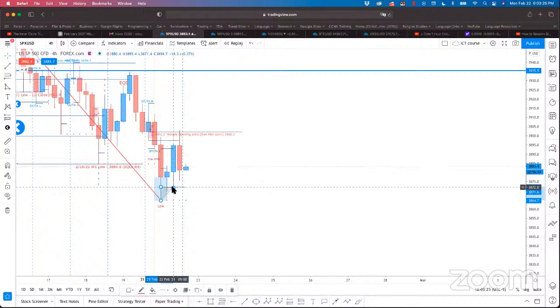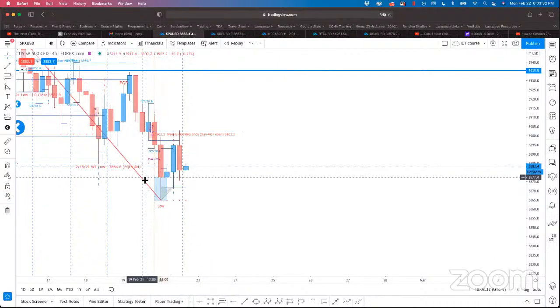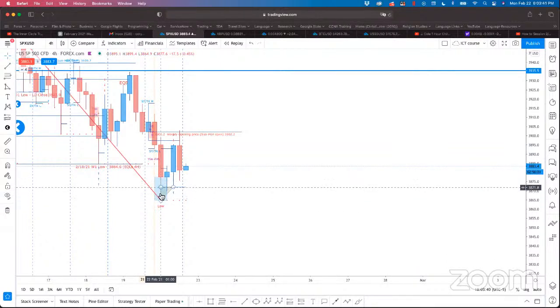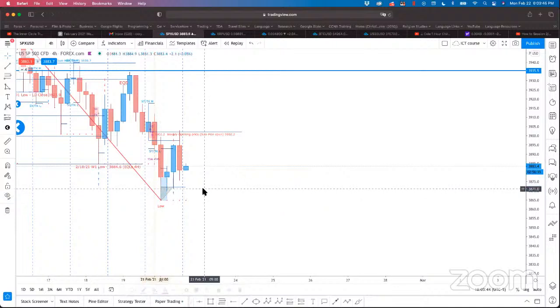At the end of the day, it's not so much that the candles make the shape; it's the fact that you get exhaustion. This wick could show you exhaustion as well. So that's how you have to look at that.